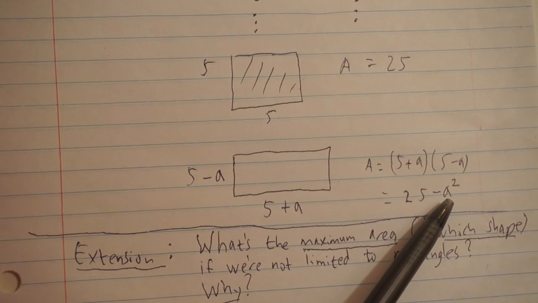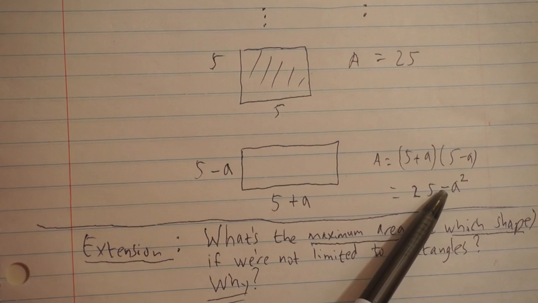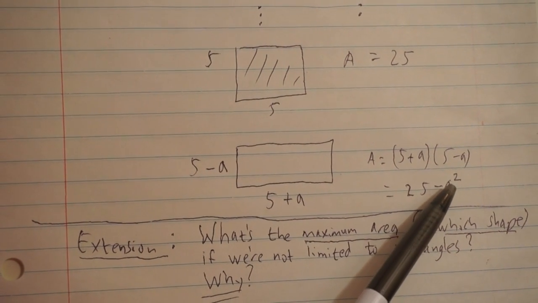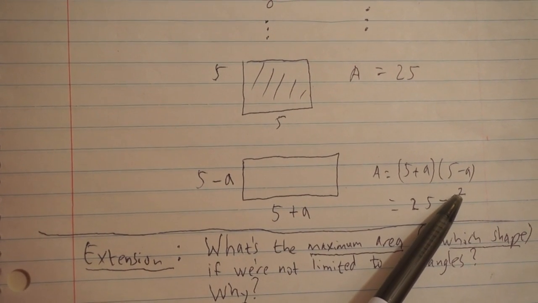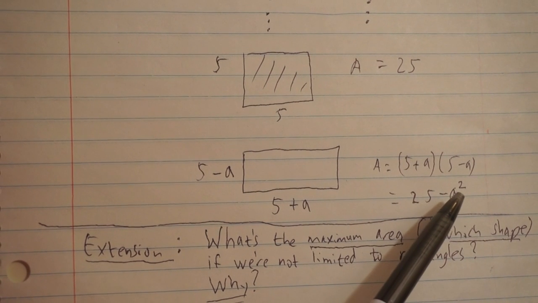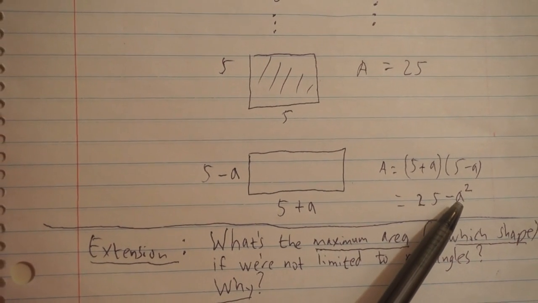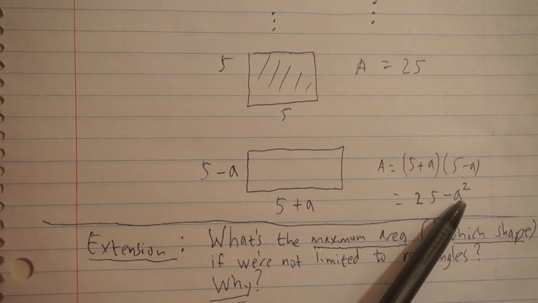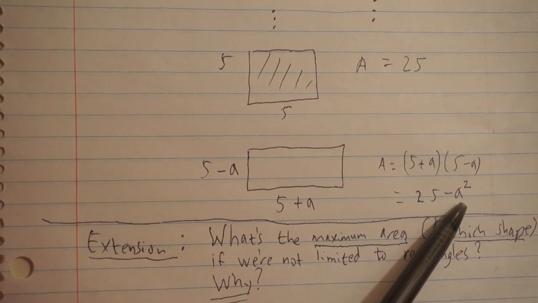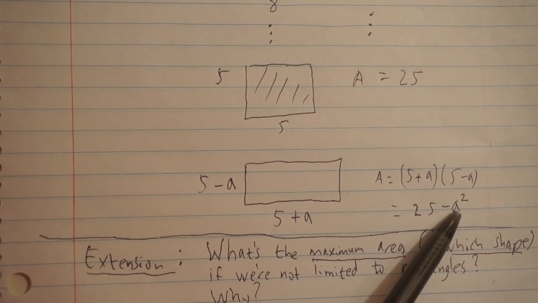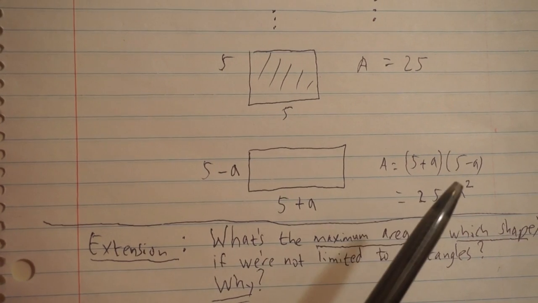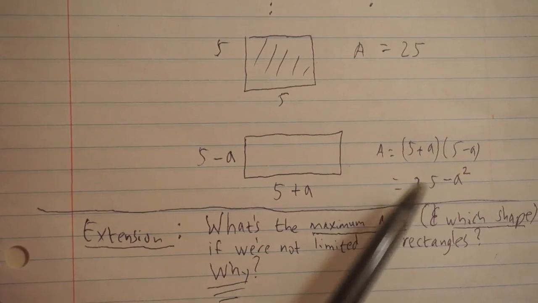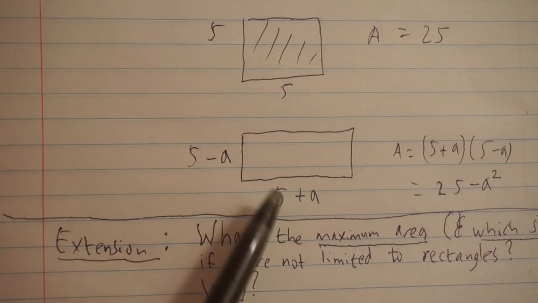So since we want the maximum area, we don't want to subtract anything, right? Because a squared number is going to be non-negative. So this is either 0 or larger, and if we set a, let's say, to 1, then we're subtracting 1. We don't want to do that. So let's set a to 0, and we get 25 minus 0, so the maximum area is 25, corresponding to 5 minus 0, 5 plus 0.